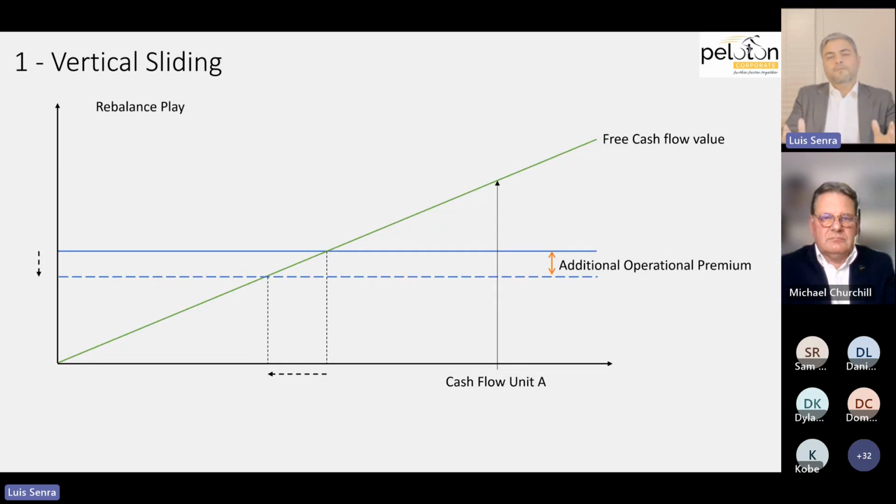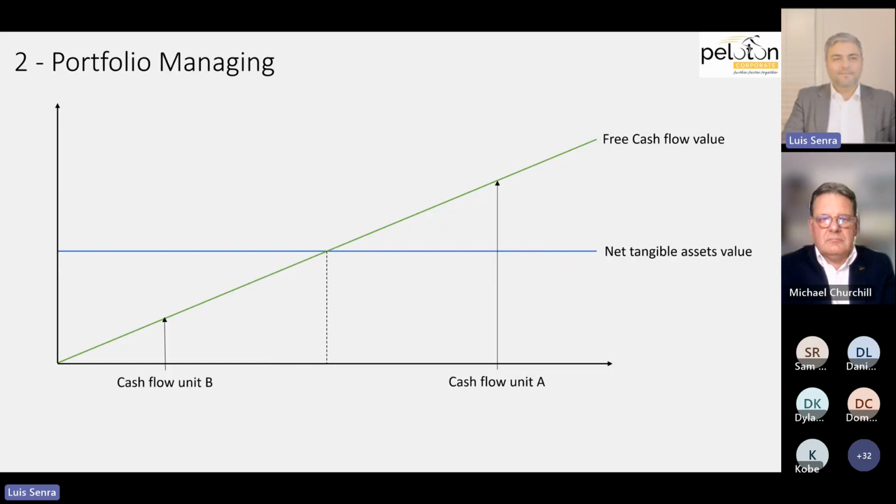So this is not creating any kind of business improvement. It's just improving multiplier, and with that, we create value for our investors. I personally think this is always part of the value play, but I prefer not to buy a company just to do a rebalance play. I think this is kind of lazy. So let's go to the second way.